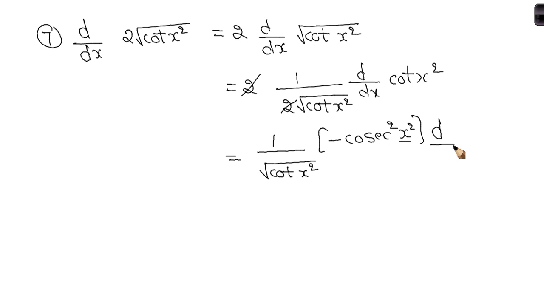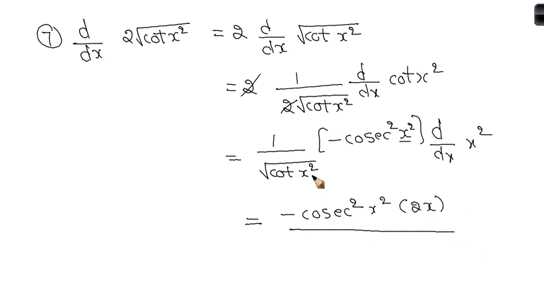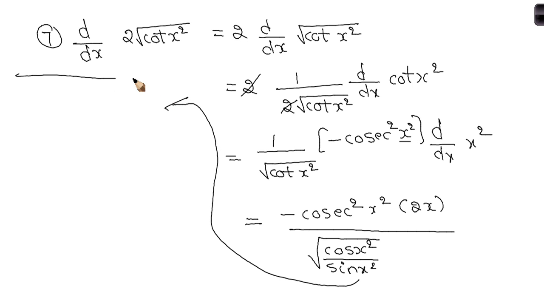So I need to do the derivative of x square also. So this becomes minus cosecant square x square into the derivative of x square, which is 2x, by root of cot x square. You can even leave it till here, but simplify it. It is always better to simplify any expression to the lowest possible. Let me solve this here in this box, simplification.